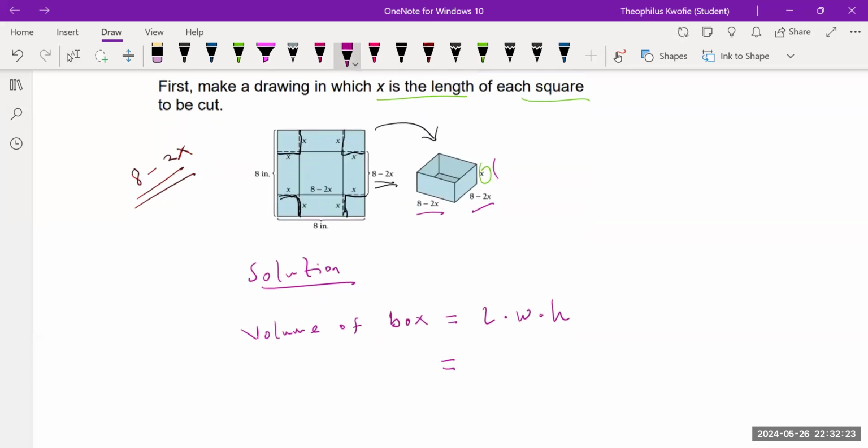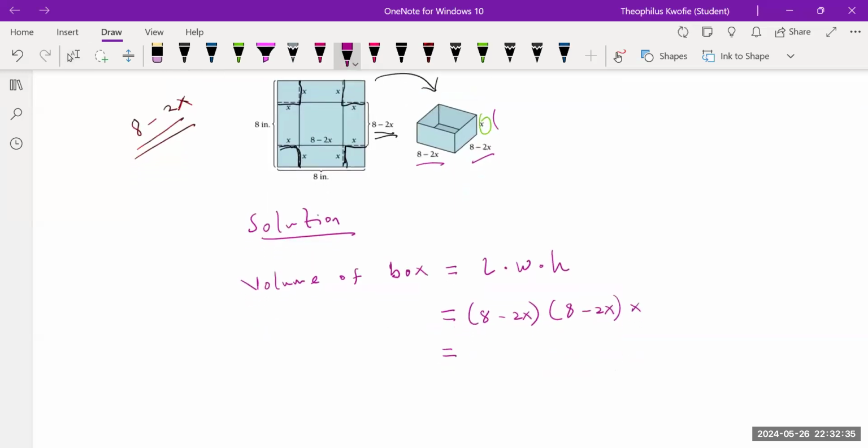Now what is the length? The length is 8 minus 2x. And then the width is also 8 minus 2x. And then the height is x. So let's try and expand it just to make it easy. Let's use V of x to represent the volume, as a function of the dimensions.